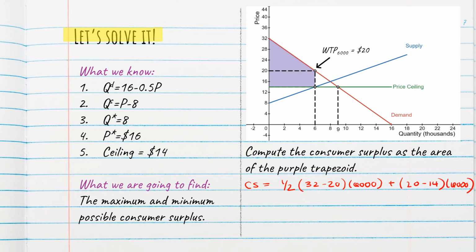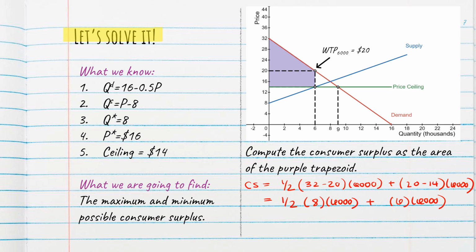So we see that the 20 number that we computed on the previous slide is very important to computing the area of the trapezoid. So we can do some simplification. 1/2 times 8 times 6,000 plus 6 times 6,000.